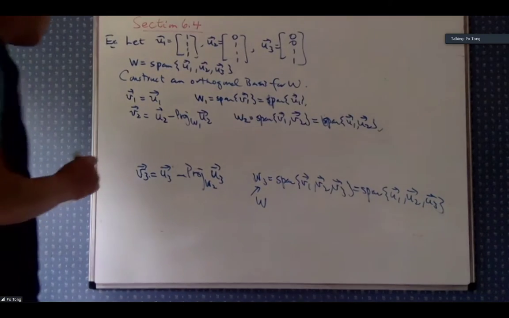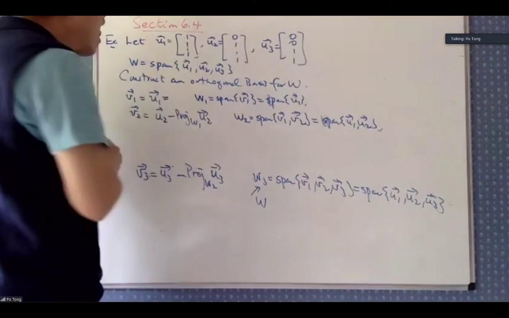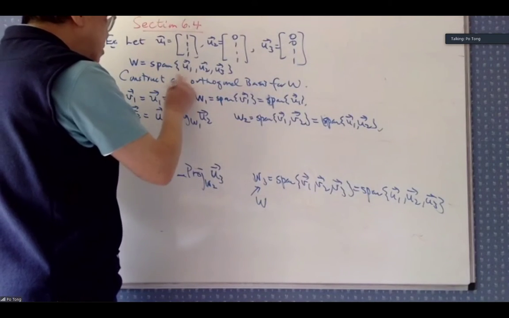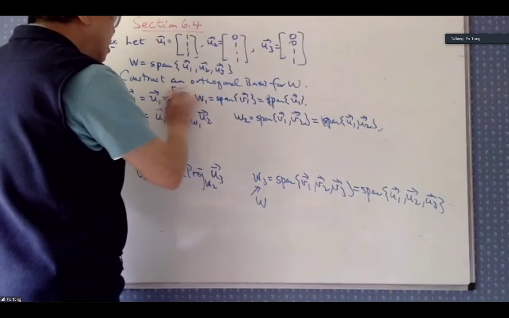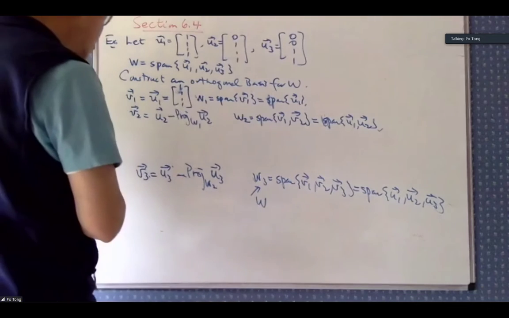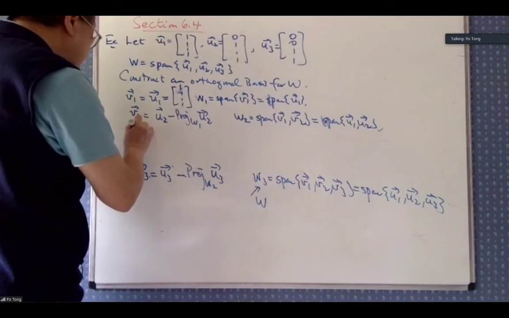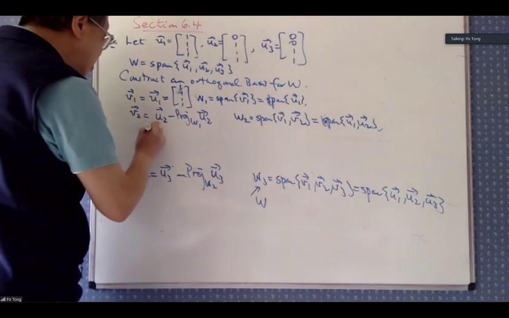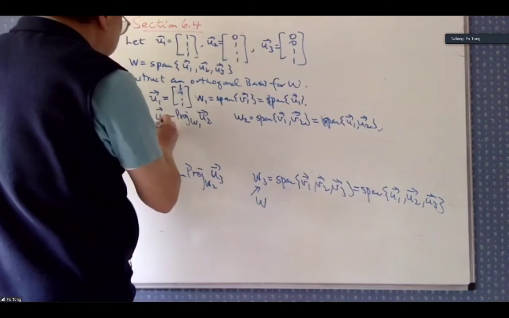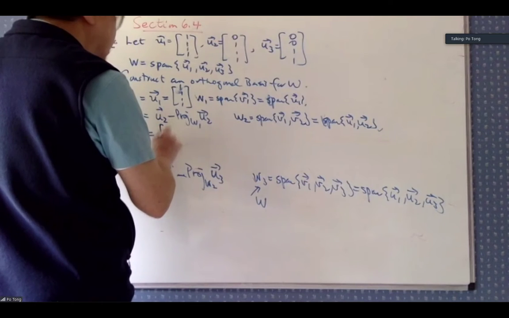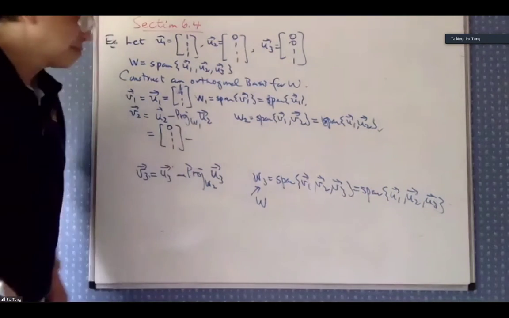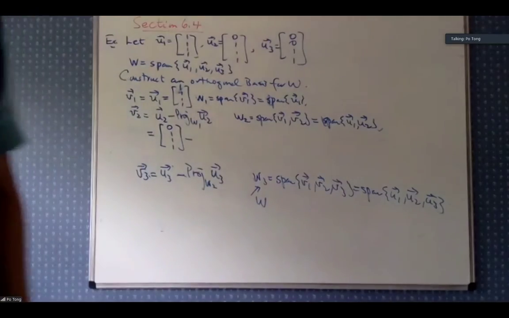Everything is correct now. So what is U1? U1 is 0, 1, 1, 1, 1. Okay? So this V2, okay, will be U2. U2 is 0, 1, 1, 1, minus that projection.